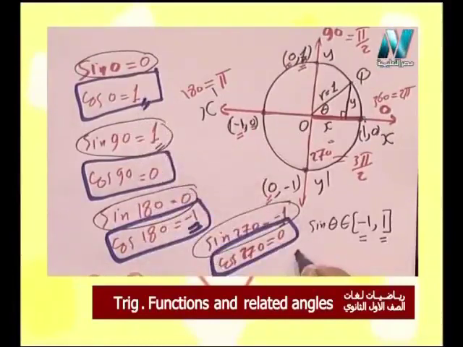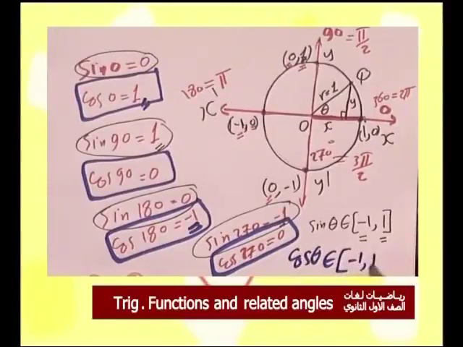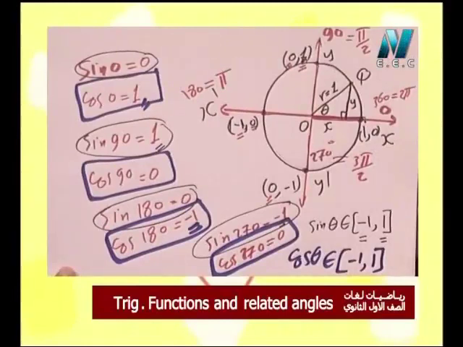So cosine theta also belongs to the closed interval from negative 1 to 1. The cosine value is negative 1 as a minimum, or more, until 1. Okay, so we agreed that sine or cosine can be -1 or 1 or any number between them. Okay, let's move to another thing here.